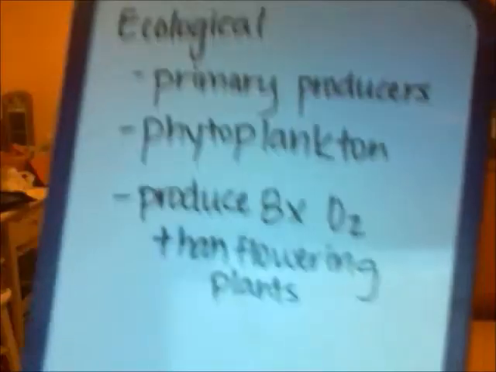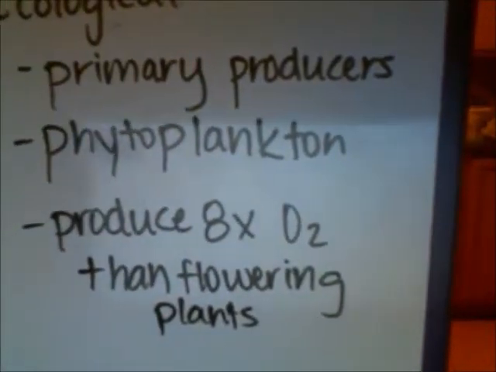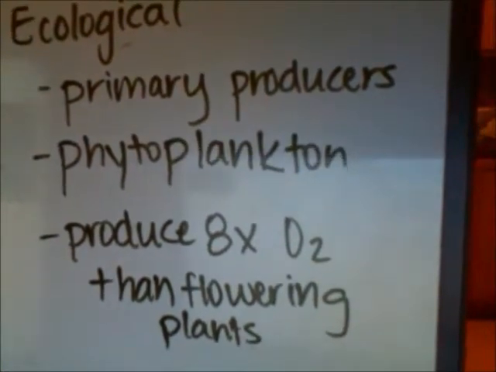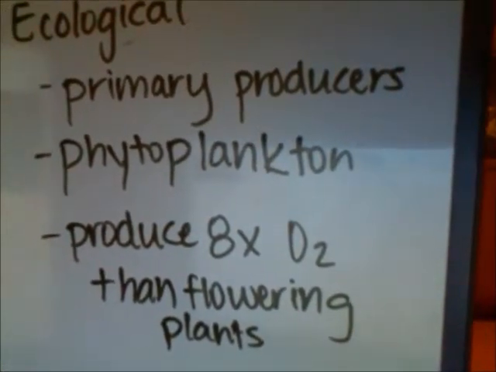And here's the kicker, they produce 8 times the oxygen of all flowering plants. So, they're cool. Ecological roles: primary producers, phytoplankton, and they produce 8 times more oxygen than flowering plants do.